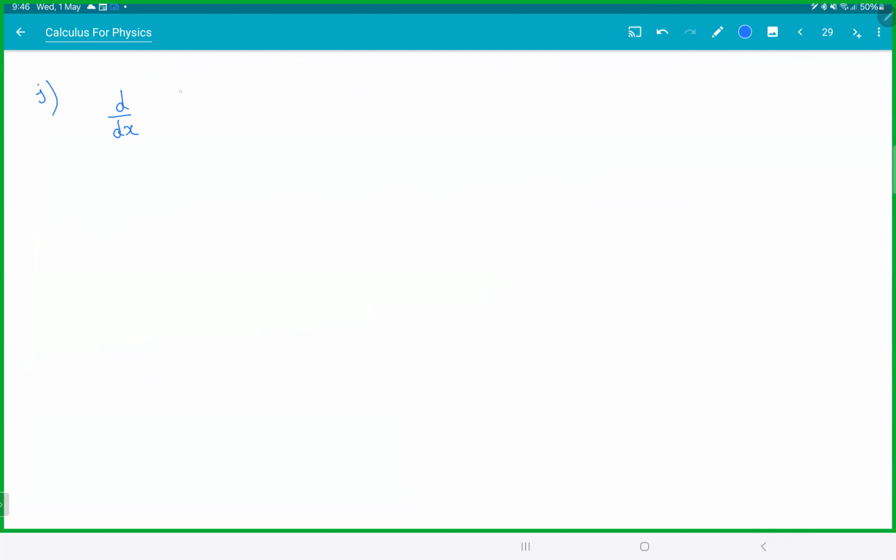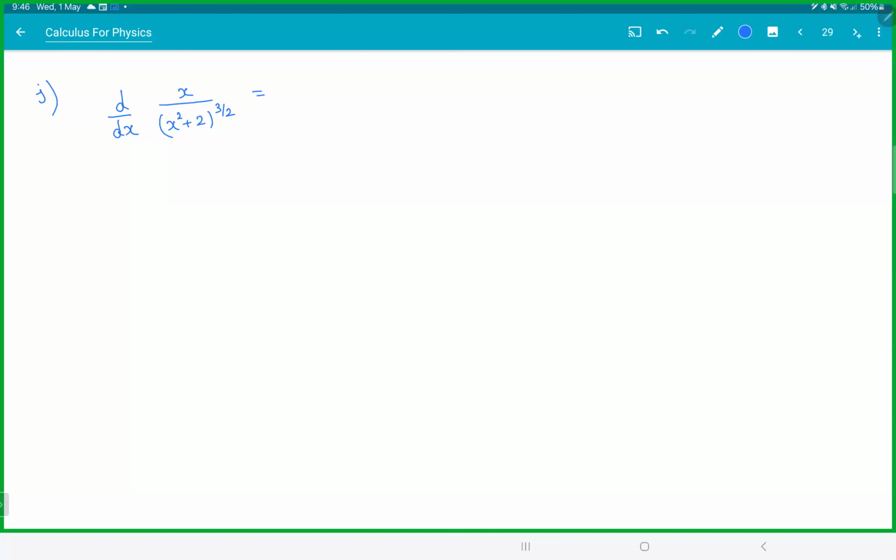So d by dx of x by (x square plus 2) whole power 3 by 2. Let's get this thing. These are the kind of functions you will see at least in 4 or 5 chapters. So you have a chain rule, you have a division rule, both combined.